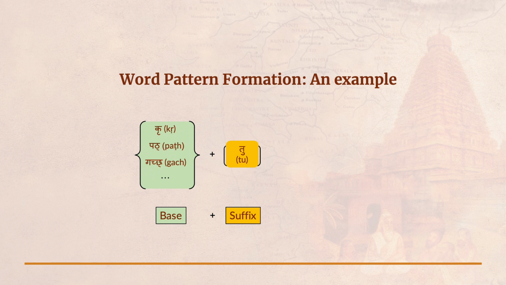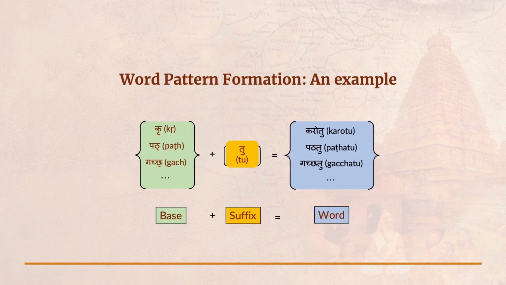Now what happens when you do that? It's a very simplified version, but you get a word. When you add tu to kr and do some transformation, you actually get karotu. That's how karotu came. Now there are some transformations, some rules will apply, but the same way, if you take gach, add tu to it, you get gachatu with some transformation.